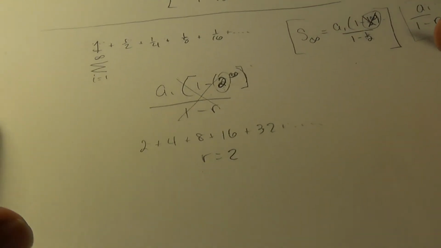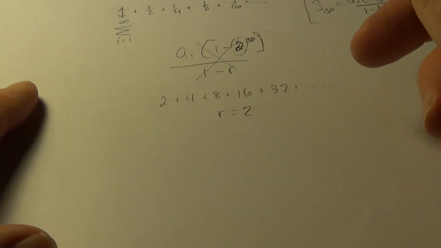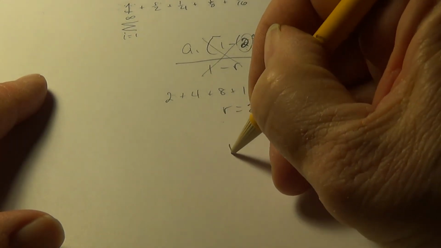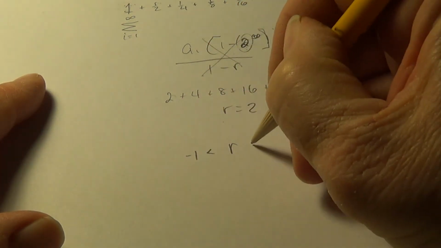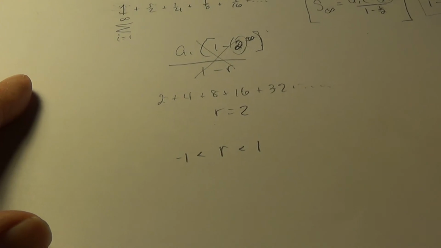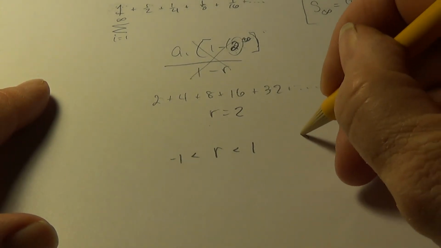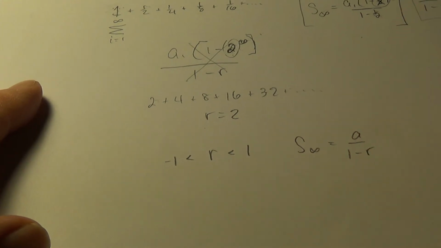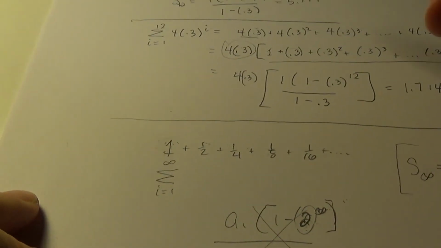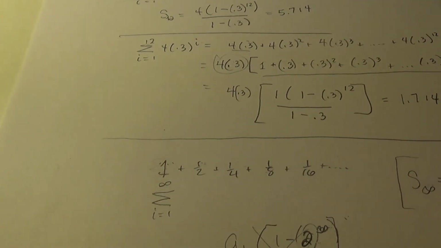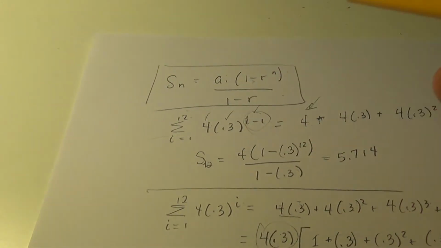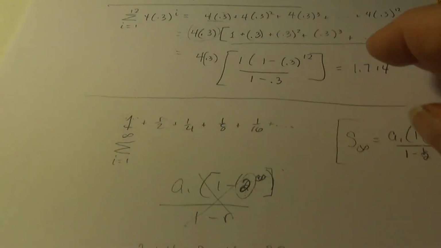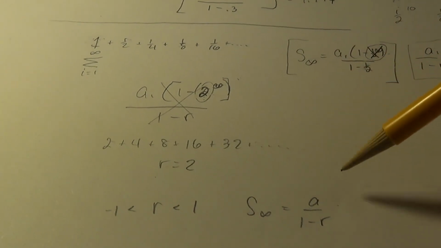So to summarize that, here's how it works. r has to be between -1 and 1 in order to find the infinite sum. And it's going to be a over 1 minus r, which is a lot simpler than our finite sum, which is this up here in the box. That's not too bad, but look how simple this one is.